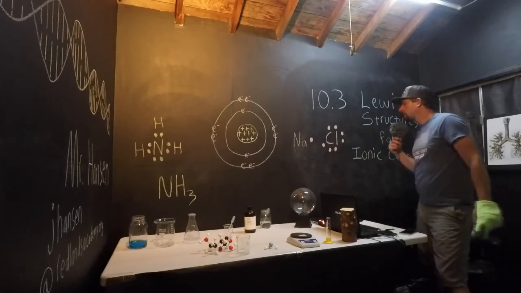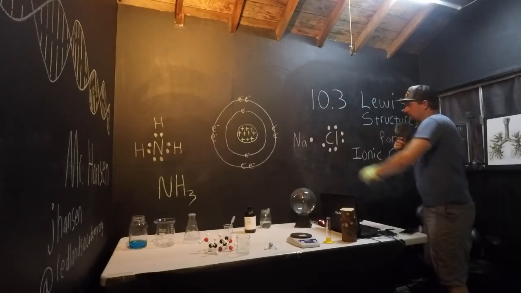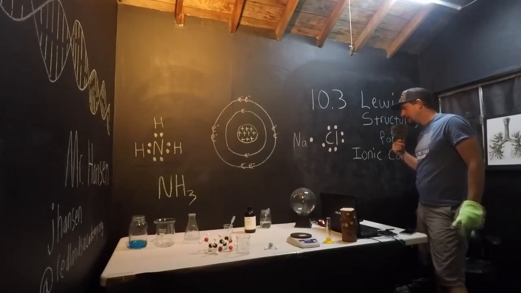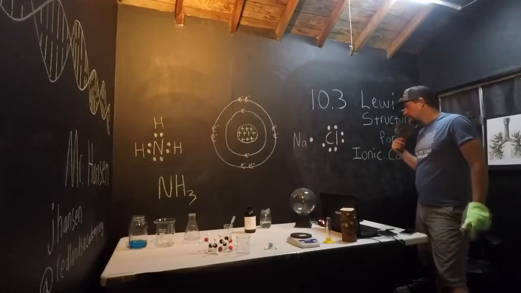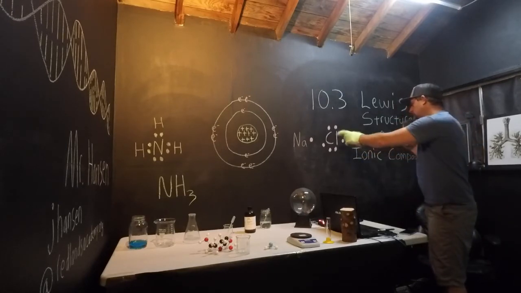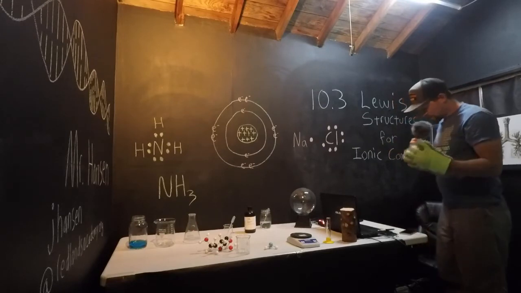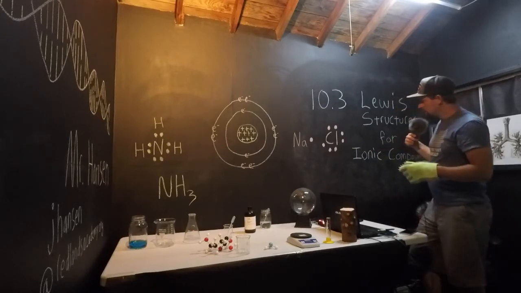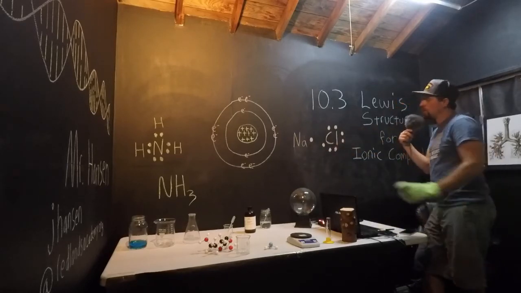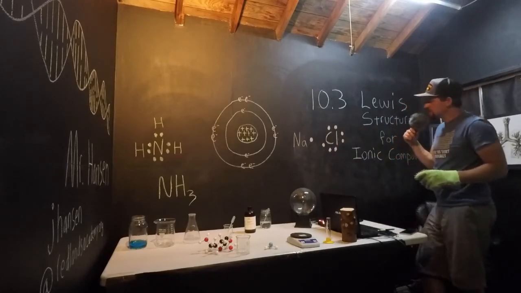I put these two side by side just so it would hopefully be appealing to the eye. If you're wondering why I didn't put the missing electron somewhere else, it really doesn't matter. As long as I have 1 valence electron for sodium and 7 for chlorine, this will work.